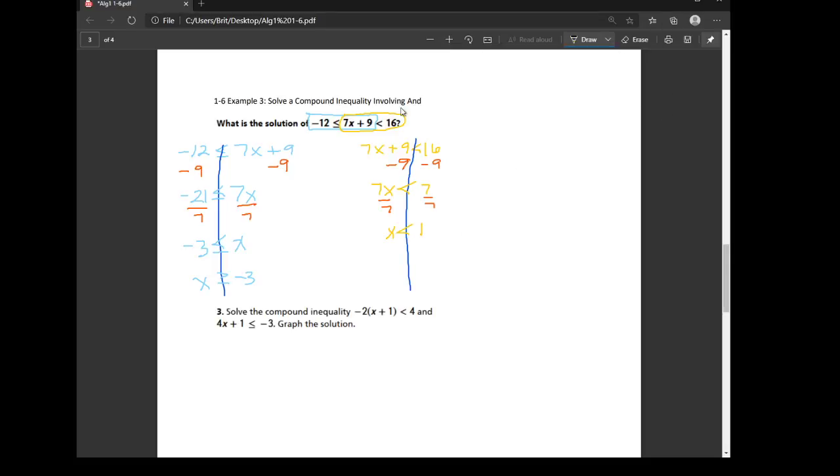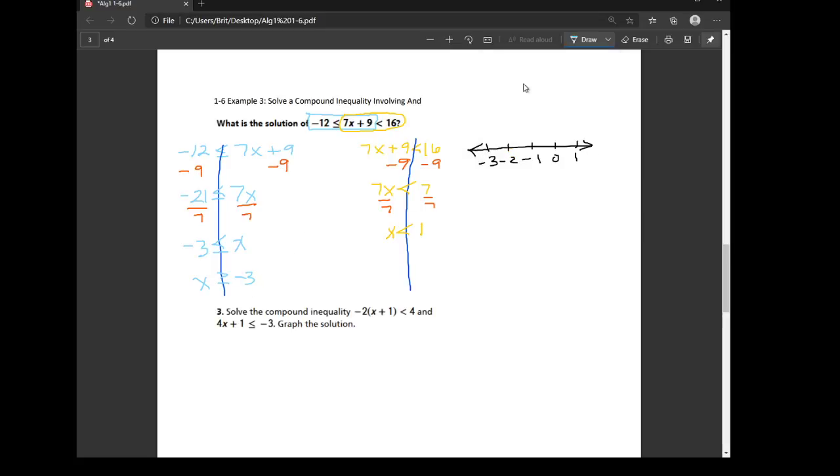Now remember, in this AND situation, when we have this compounding, we need solutions that satisfy both of my inequalities. So I'm going to graph the inequalities just slightly above the number line until I've decided what it should look like.